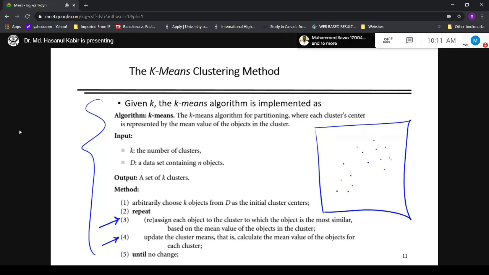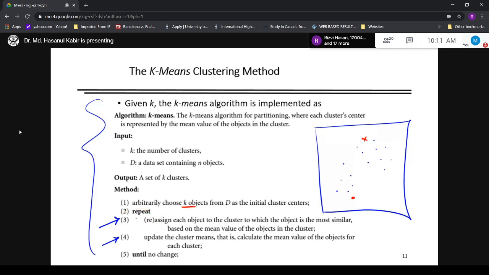At the very beginning, we have to randomly pick k points as the initial cluster centers. That's really random. Let's say you have a cluster center here and maybe you have a cluster center here. Then you fall into this loop.